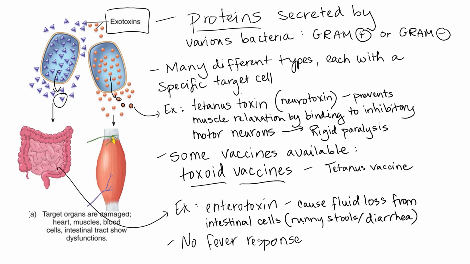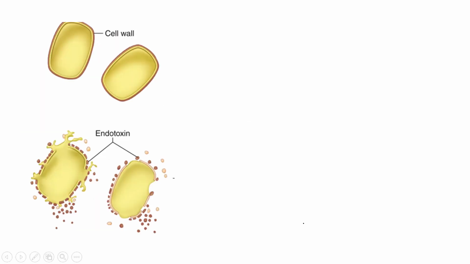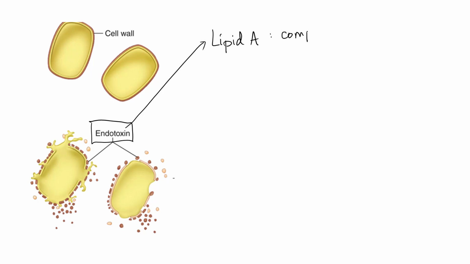Okay, so let's now compare exotoxins to the second type of bacterial toxin, endotoxin. So with endotoxin, there's really only one type of endotoxin, and the endotoxin is actually lipid A. If you recall, lipid A is a component of lipopolysaccharide, which is the outer membrane of gram-negative bacteria.